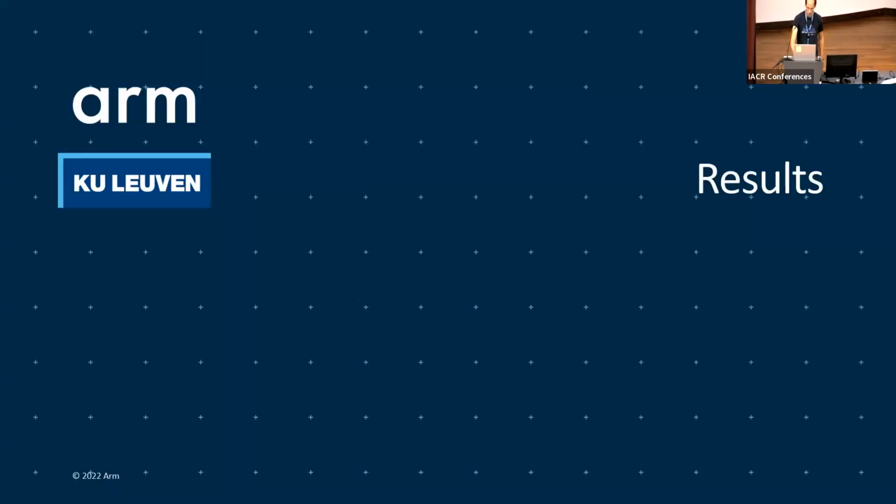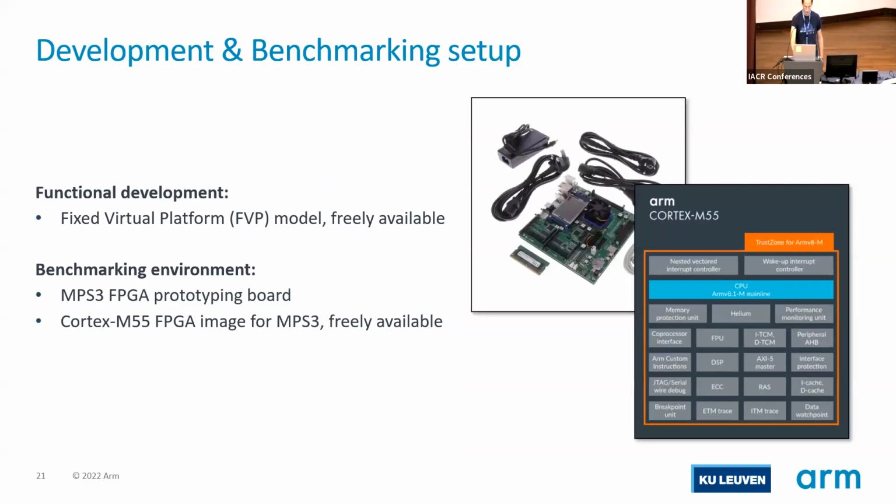Okie doke. So as far as the results go, our development setup is as follows. We had a functional model for the M55 that you can download freely, but that doesn't give you any cycle accurate measurements, but allows you to do functional development. And as a benchmarking environment, we have an MPS3 FPGA prototyping board on which you can put an FPGA image for M55.